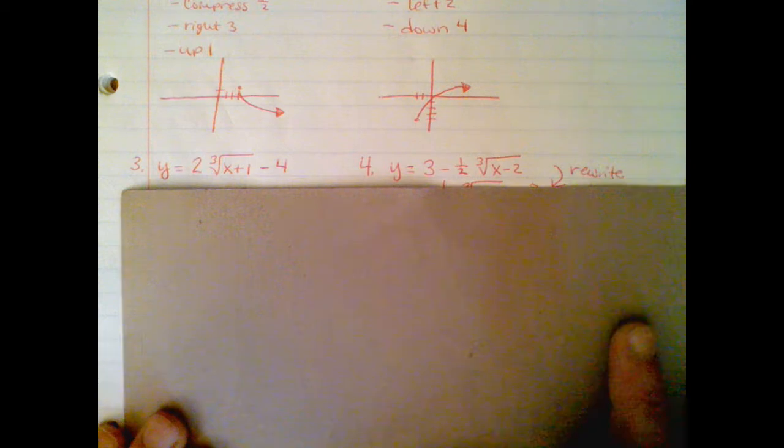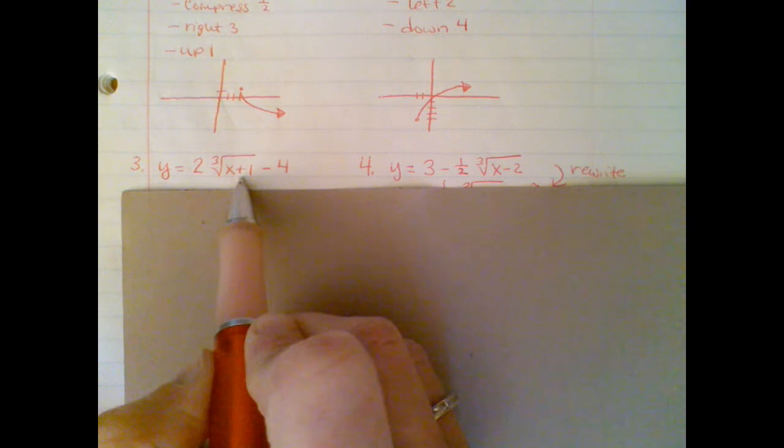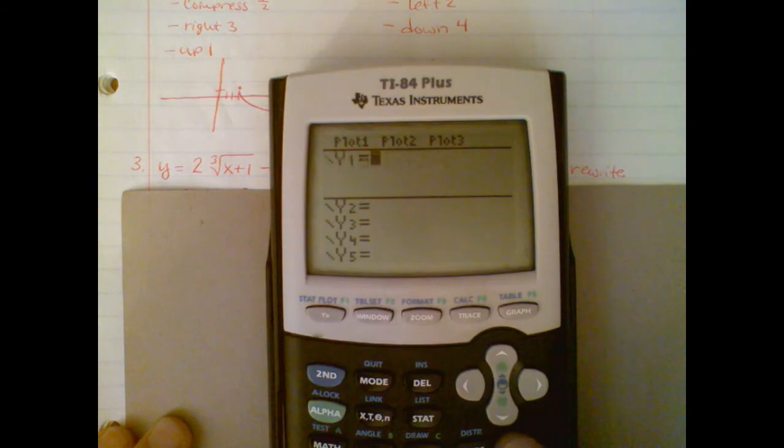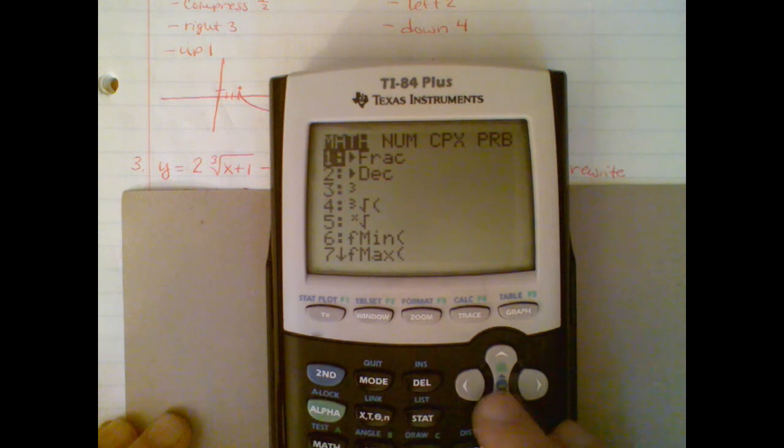Alrighty, now this next one we're going to take a look at. Instead of square roots, it's cube roots. The transformations are going to be the same. The graph is just going to look slightly different. So the 2 out front means it's stretched by a factor of 2, goes to the left 1, and then down 4. So if we go ahead and graph this one with a cube root symbol now, we have 2 times. If we click the math, they already have a cube root symbol in there.